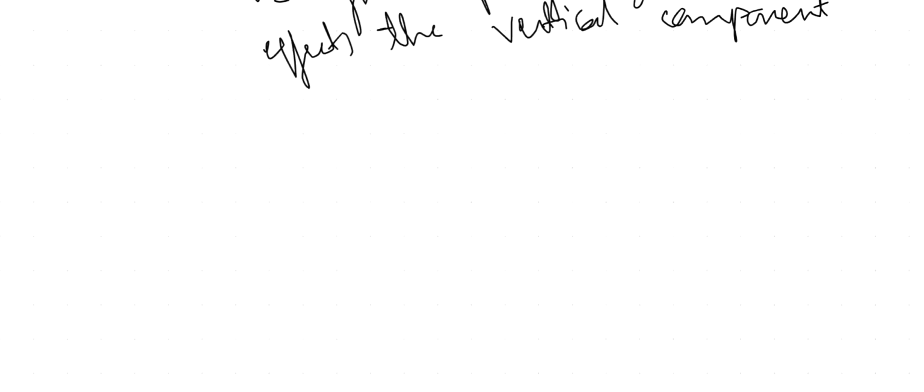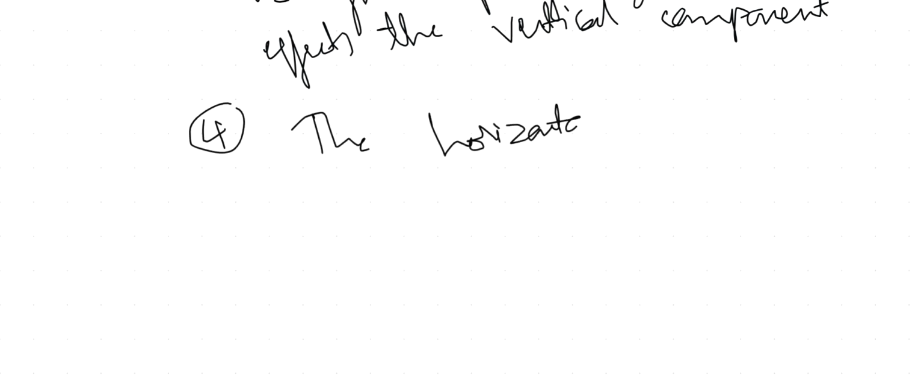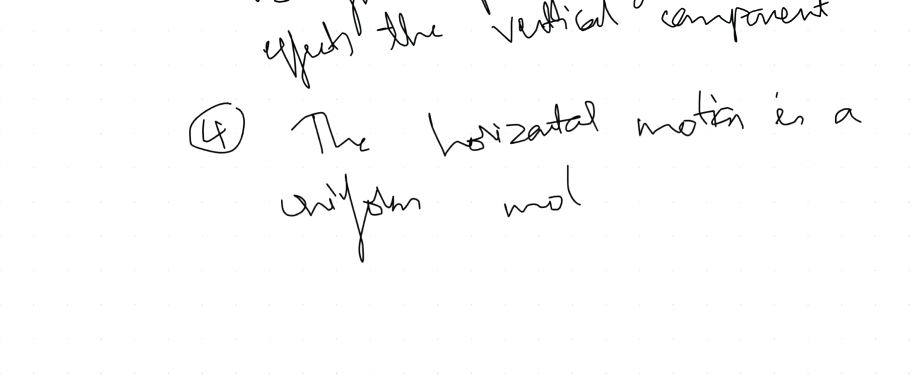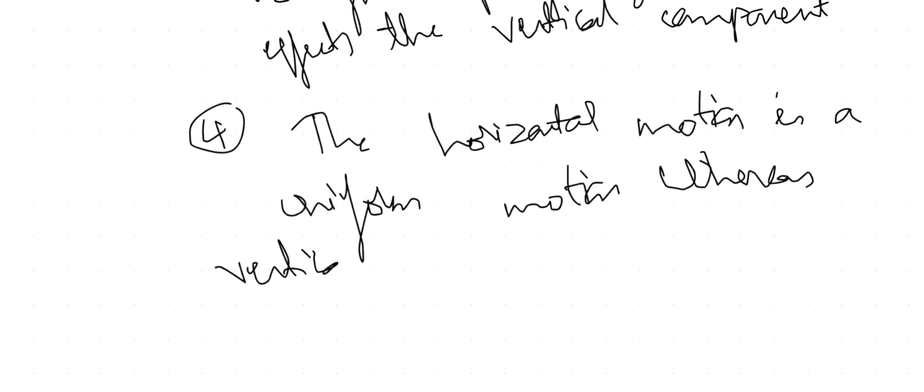Next one. Here you can understand, the horizontal motion is a uniform motion in projectile, whereas the vertical motion is a non-uniform motion. Why? Because when the body is projected vertically upwards, the speed decreases.